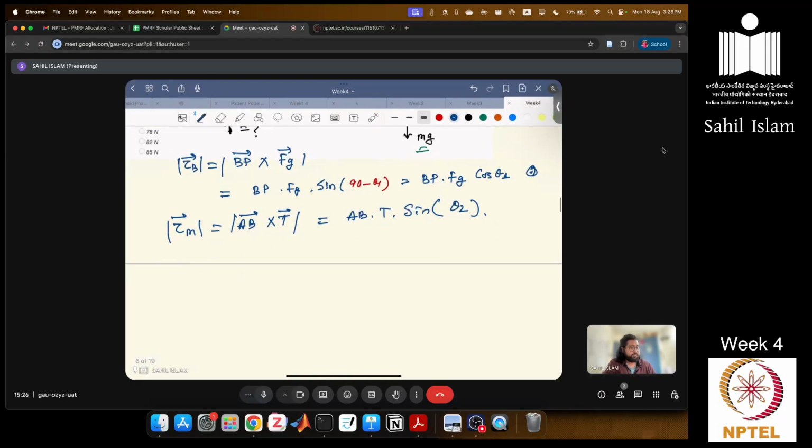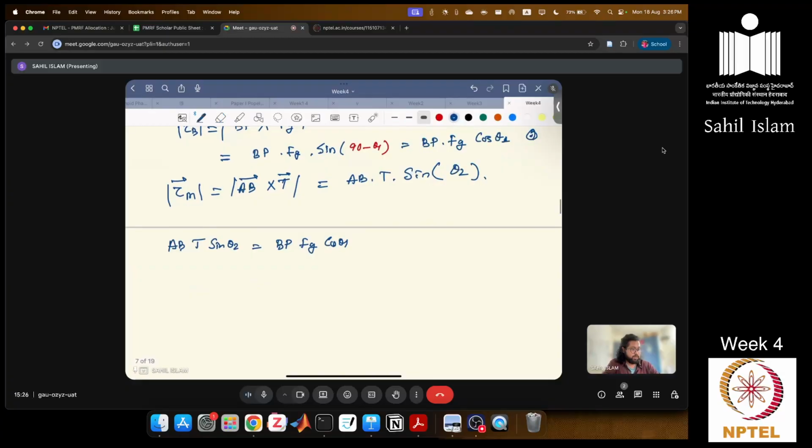Now if it is at equilibrium and the man is able to hold the rod, AB T sine theta 2 is equal to BP Fg cos theta 1. So the tension becomes BP Fg cos theta 1 by AB sine theta 2.